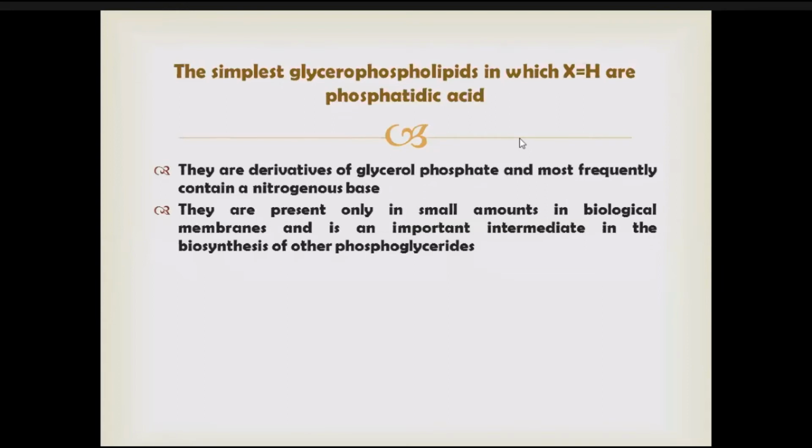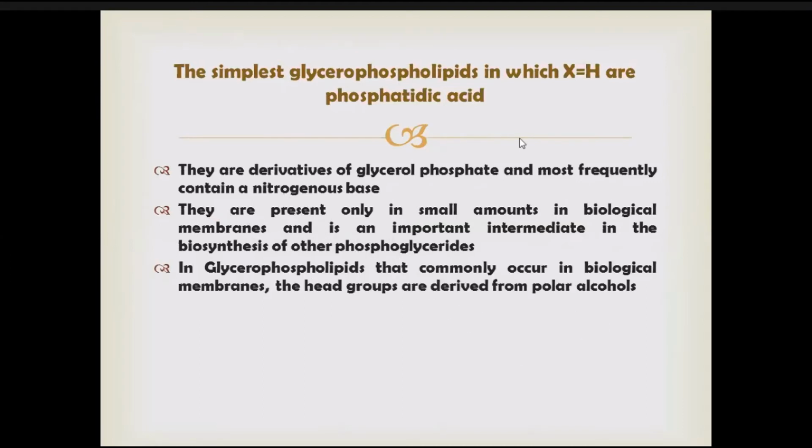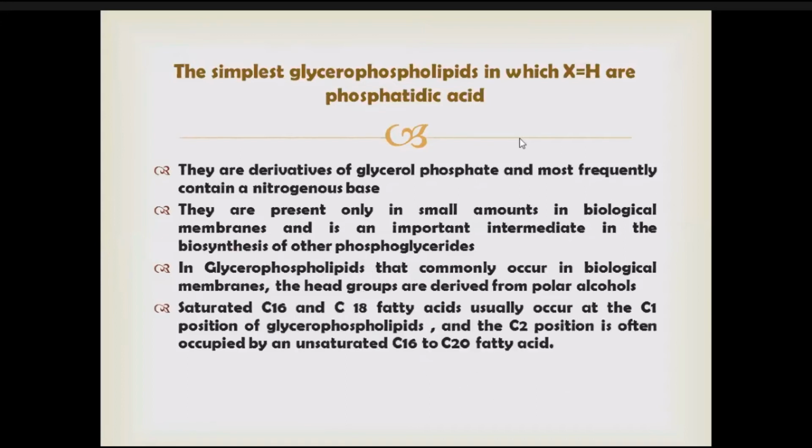They are present only in small amounts in biological membranes, and they play an important role as an intermediate in the biosynthesis of other phosphoglycerides. In glycerophospholipids that commonly occur in biological membranes, the head groups are derived from polar alcohol.